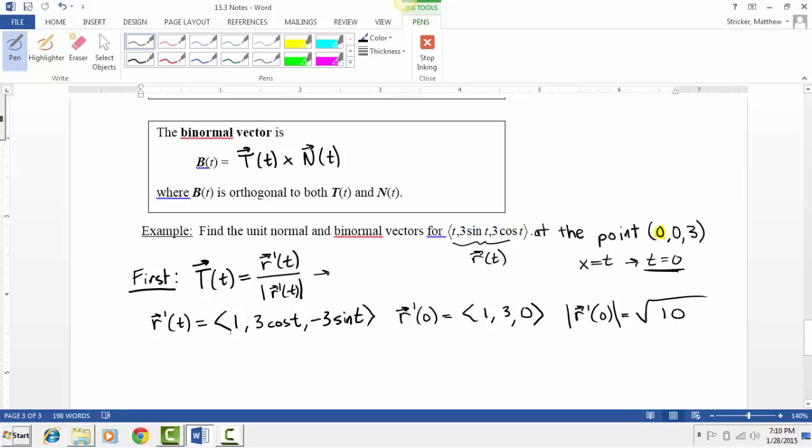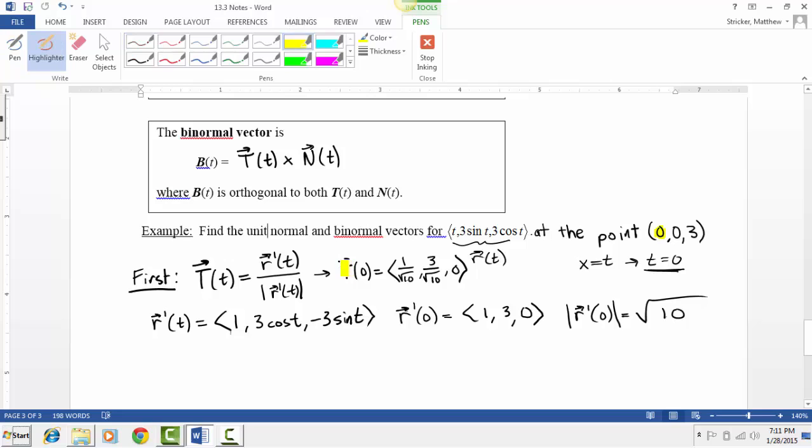We could then, for example, say that T of 0, the unit tangent vector at t equals 0, would be the vector 1 over root 10, 3 over root 10, and 0.